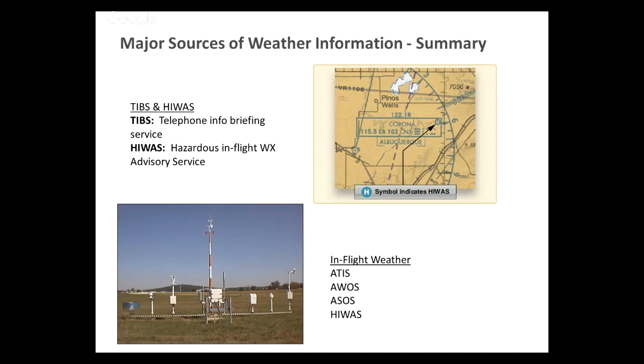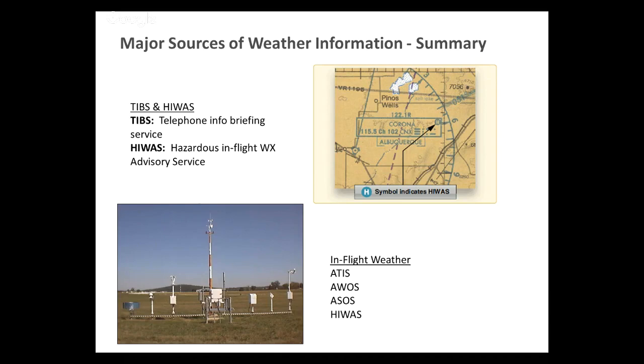A couple of really quick highlights, and you'll see this when you're reading the text, and you'll learn this when you're doing your flying. Another big difference that I forgot about on AWOS and ASOS: because ASOS is a little bit more capable, it will convert and give you wind directions in magnetic headings, which of course is ideal because that's what your compass reads, right?